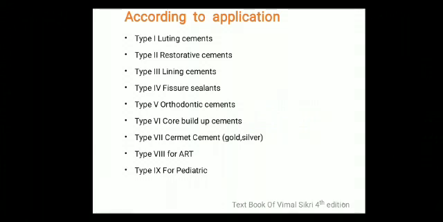Coming to the classification, according to application, GIC is classified as follows. Type 1 is luting GIC, type 2 is restorative cement, type 3 is lining cements, type 4 is fissure sealants, type 5 is orthodontic cements, type 6 is core buildup cements, type 7 is ceramic cement, type 8 is for atraumatic restorative technique, and type 9 is for pediatric use.